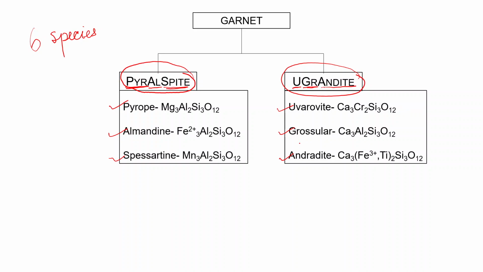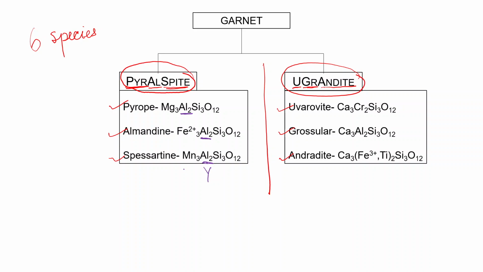Now, we know the general formula, so it is very easy to remember that in the pyralspite main group, the trivalent cation doesn't change. So here you will have aluminium sitting in the Y site.